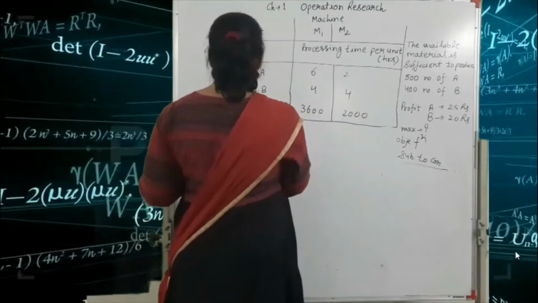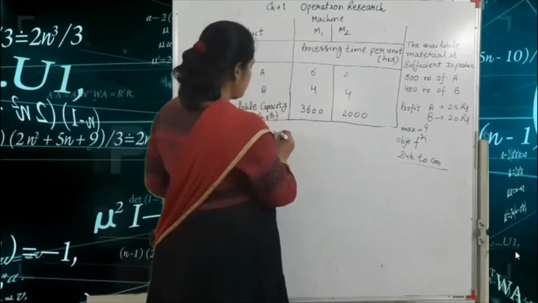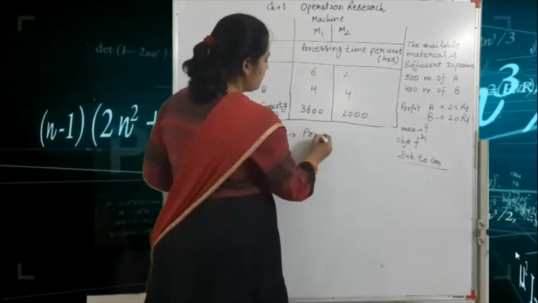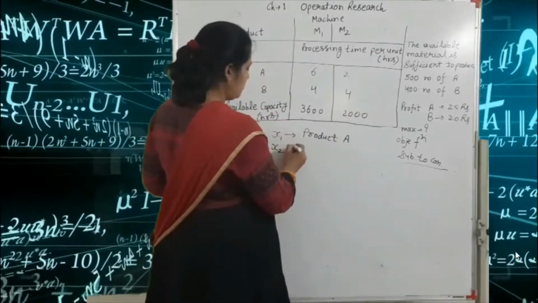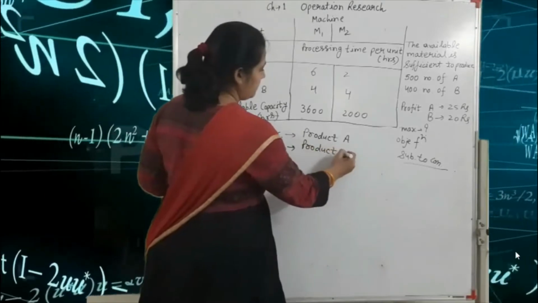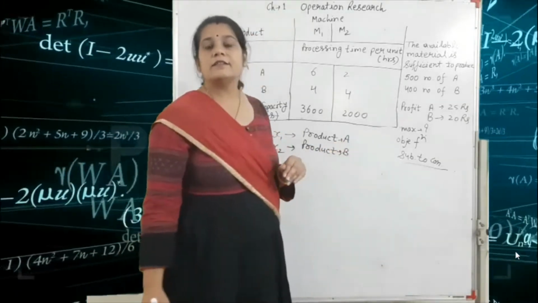So first we consider the decision variable. Here the solution is: let x1 be for product A, and let x2 be for product B. Next we write the objective function.